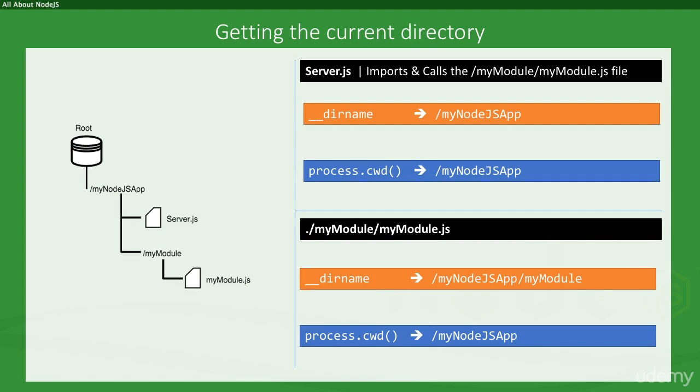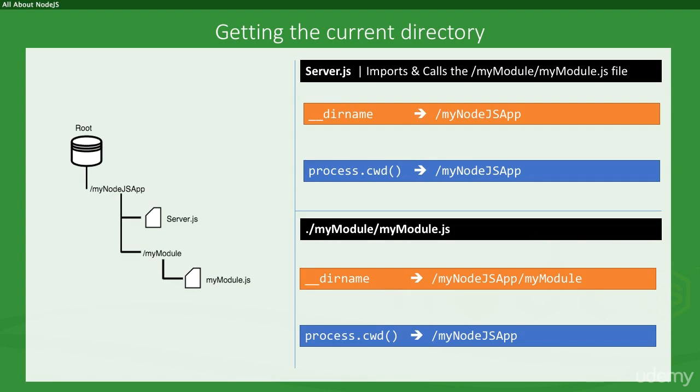Your main entry point, that is server.js in this case, resolves this differently from your modules, and hence you need to use it appropriately. If you have a file in the root of your app folder structure and some module sitting deep in a folder has to read it, then the __dirname property may not work directly, since it will resolve to the module's own folder.